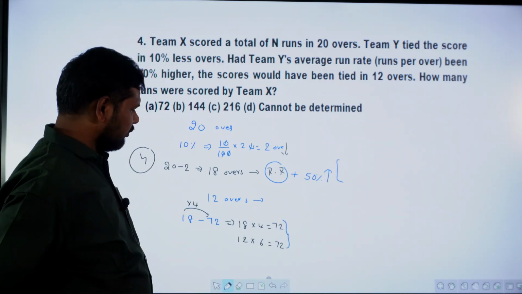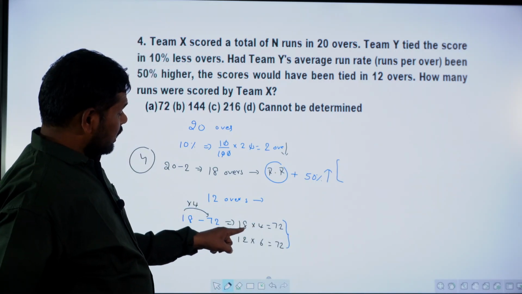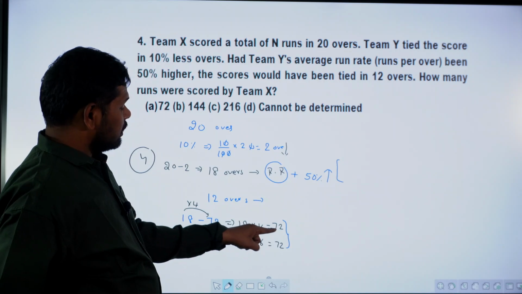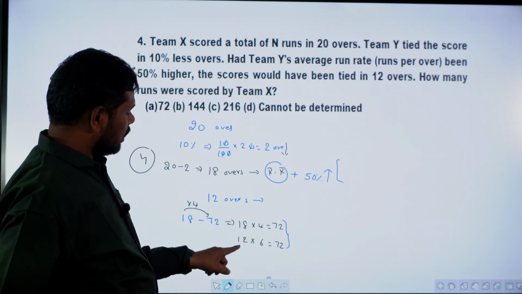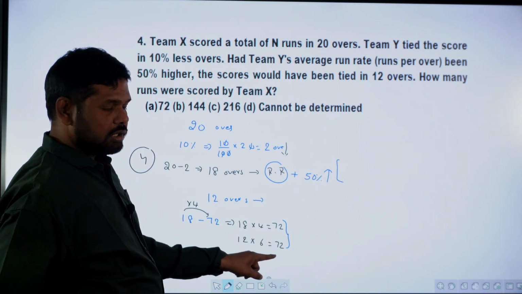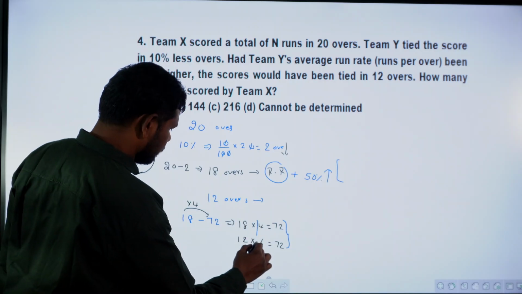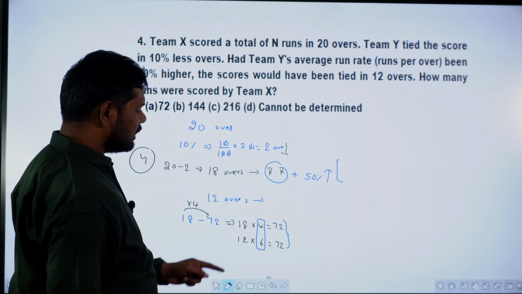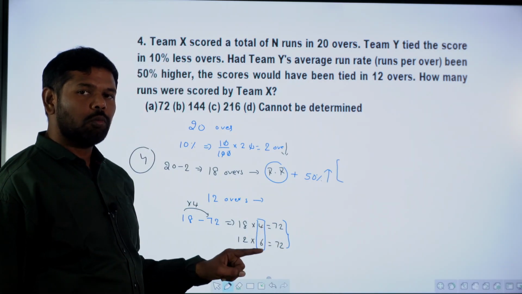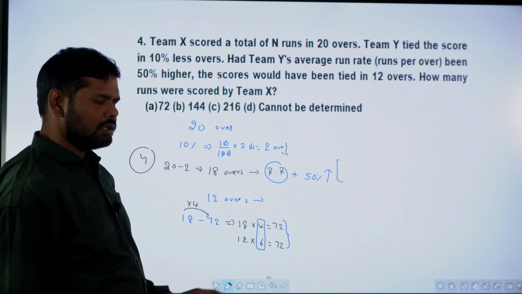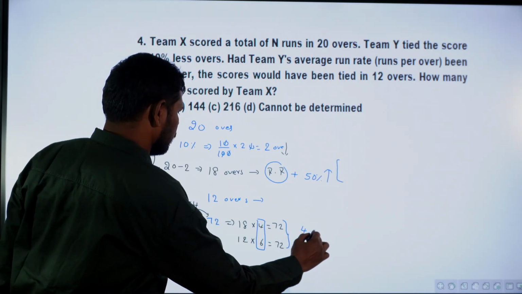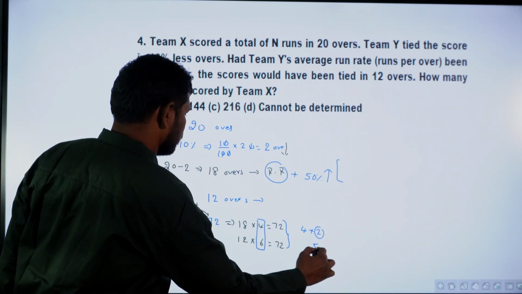Equal. When in 18 overs at a run rate of 4 they scored 72, in 12 overs at a run rate of 6 they scored 72. Just observe this run rate, 4 and 6, exactly 50% more or not? 4 to 6 is definitely 4 plus 2, and 2 is nothing but half of 4.